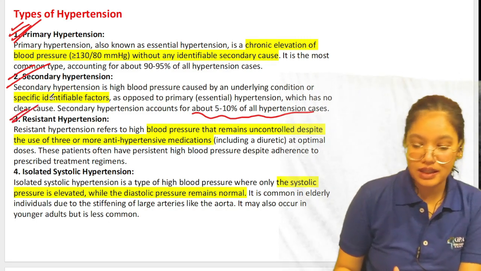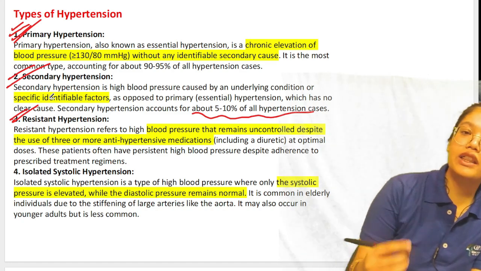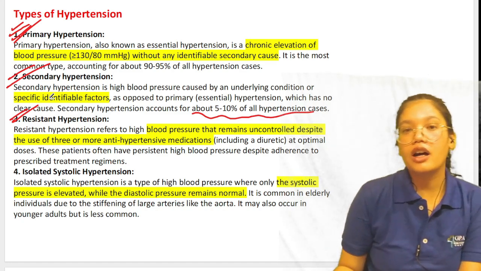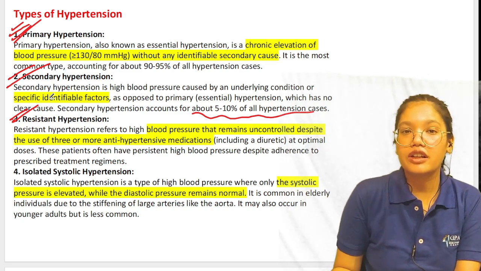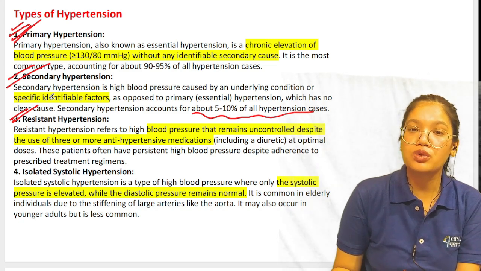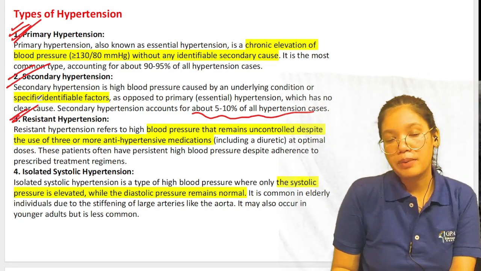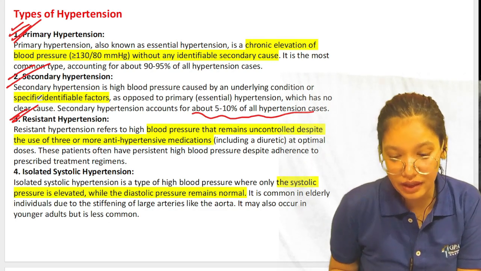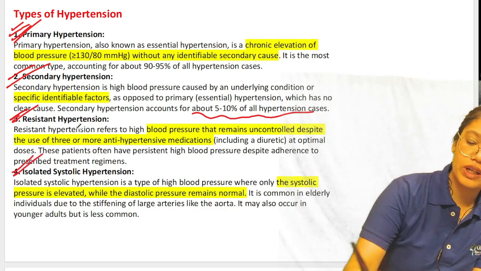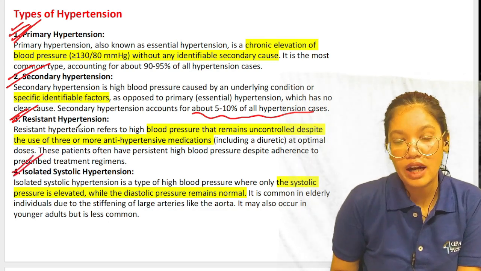Then we have resistant hypertension. In this, the blood pressure remains uncontrolled even after giving two or more medications. That type of hypertension is the resistant hypertension. The last one is isolated systolic hypertension.